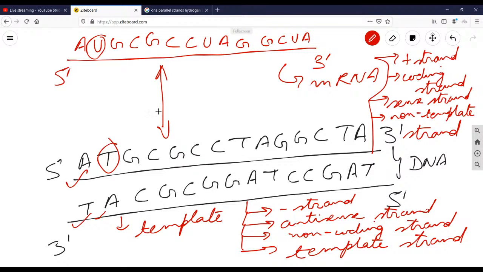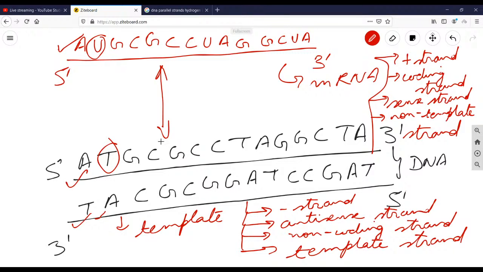reasons is the similarity between the sequence of the 5 to 3 prime mRNA and the 5 to 3 prime DNA strand. They are in the same orientation, so it is known as the plus strand. They look identical except T is replaced by U, so it is known as the sense strand. Again, they look completely identical, they have identicality in their sequence.